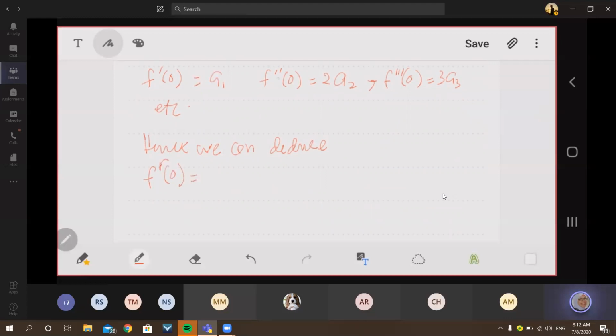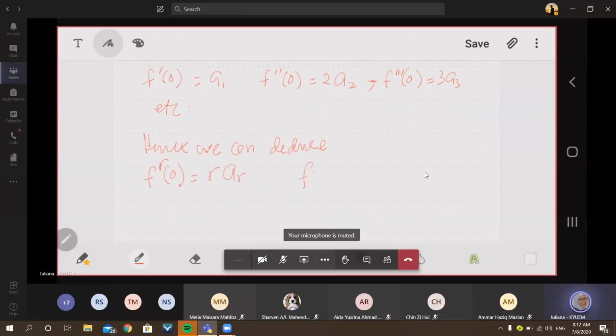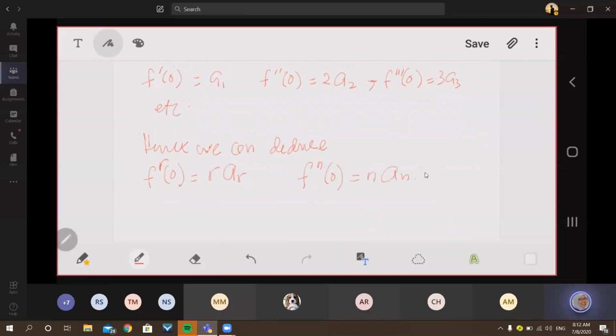If we get f double prime, we get 2a2. So this one is r a r, or f n is equal to n a n.